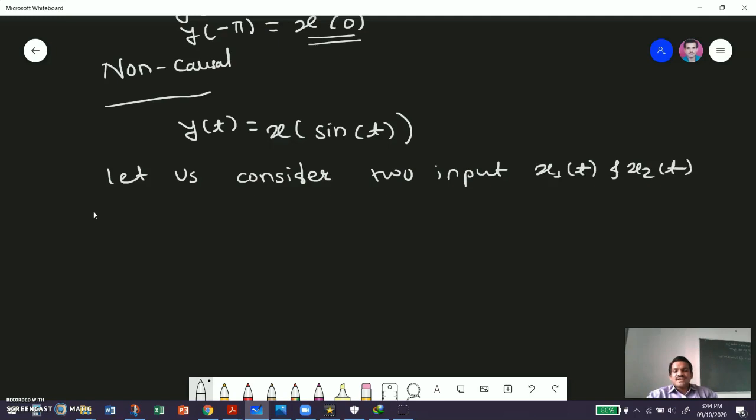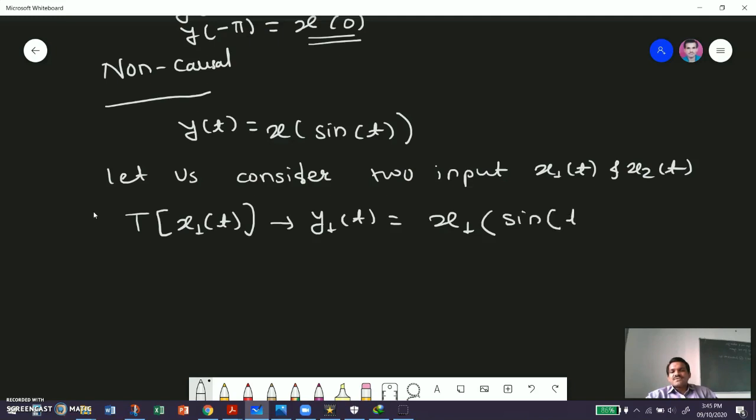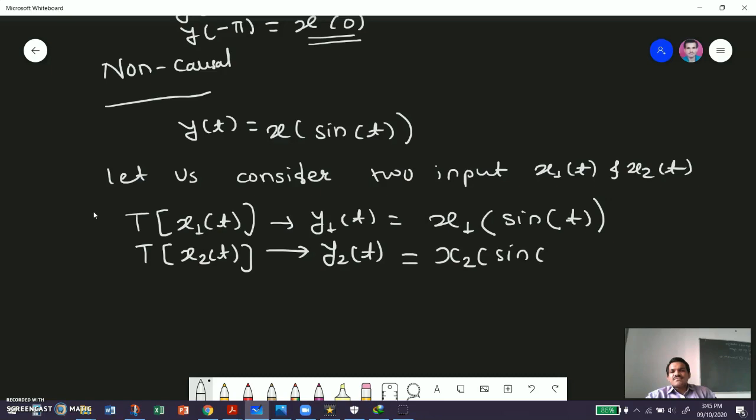Transformation applied on x1 of t gives me y1 of t, which is equal to x1 of sine of t. Transformation applied on x2 of t gives me y2 of t, which is equal to x2 of sine of t.